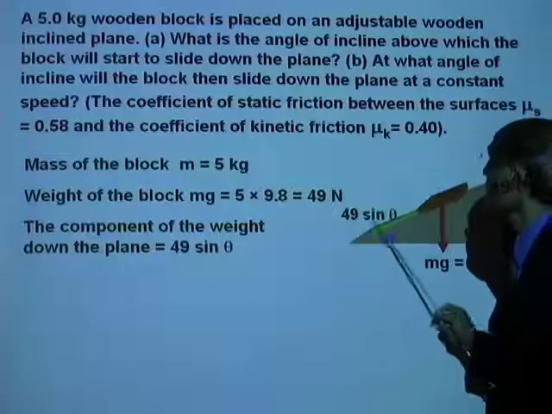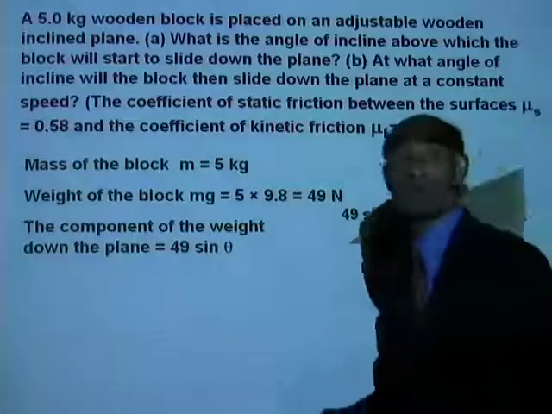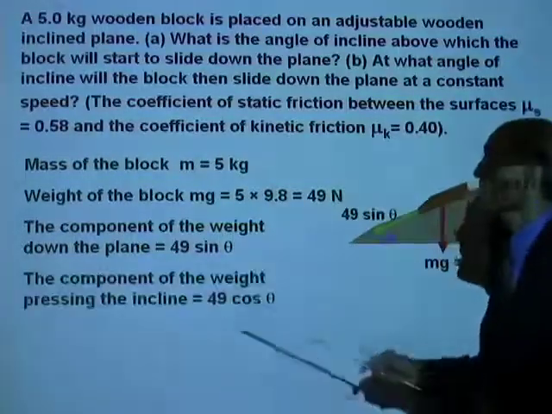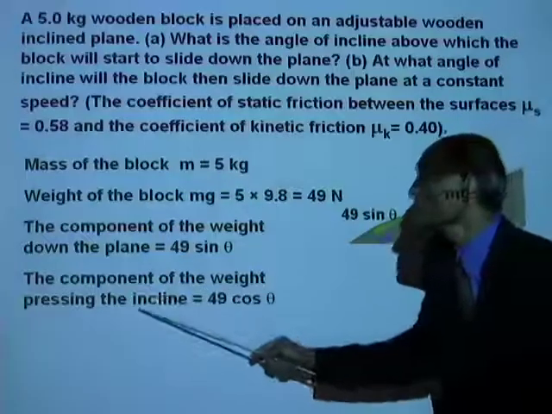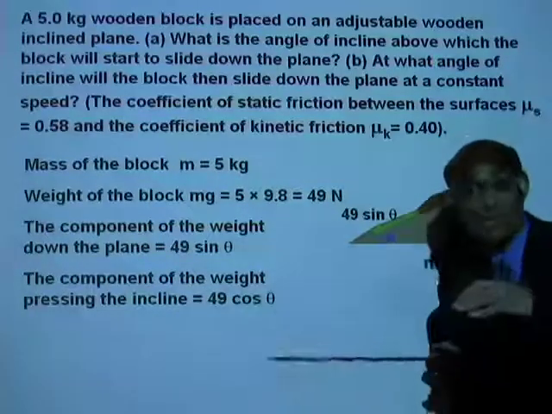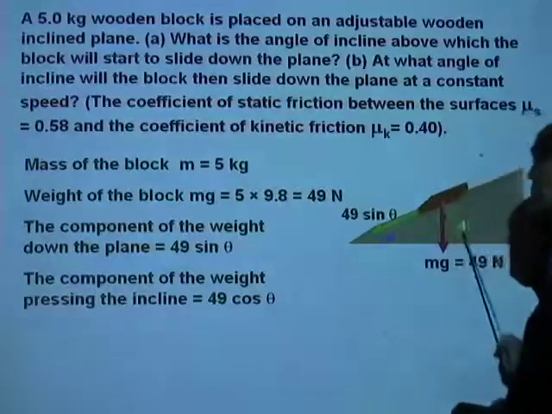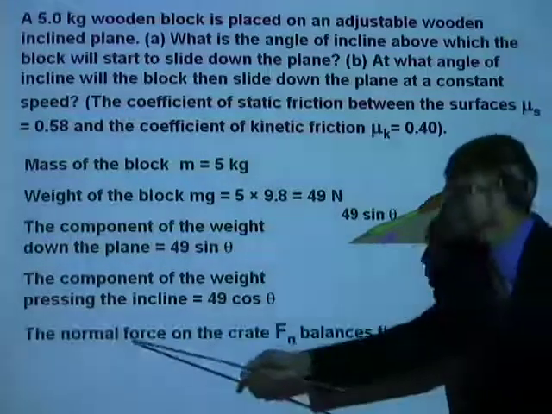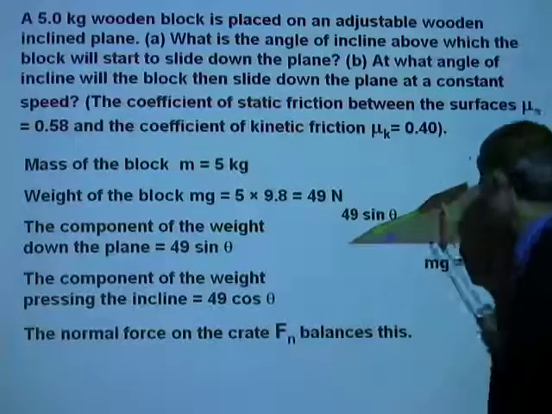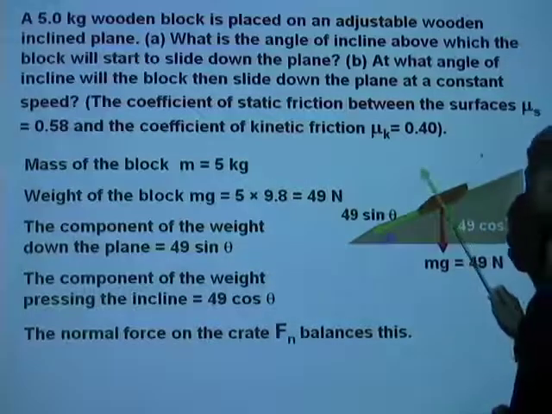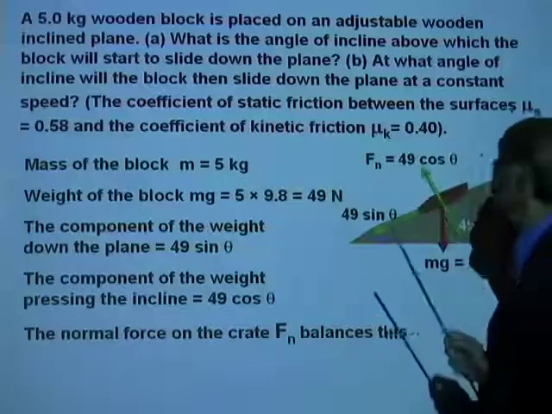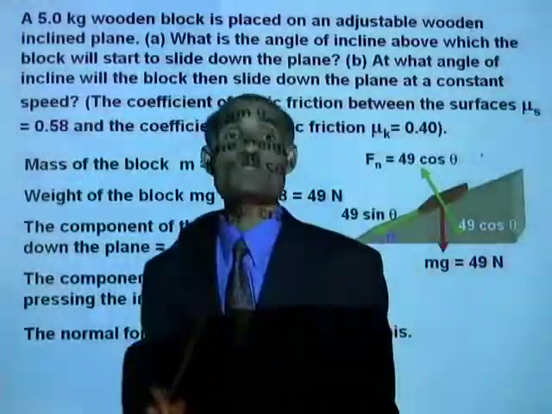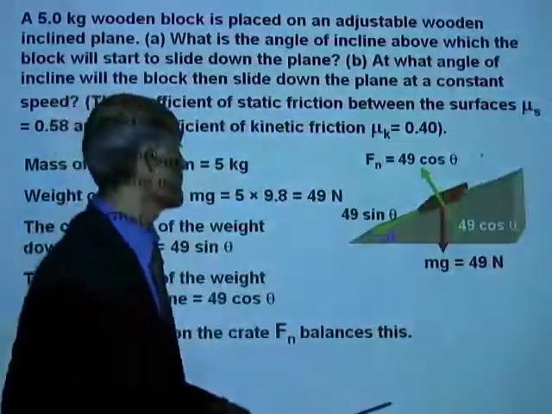Is that right? 49 sine theta. We don't know the angle. Now, the component of the weight pressing on the incline, the normal force, is 49 cos theta. The normal force Fn balances this force. So Fn is the same, which is 49 cos theta.